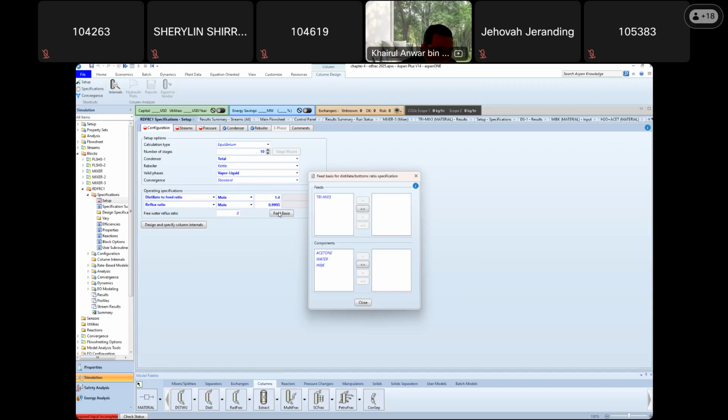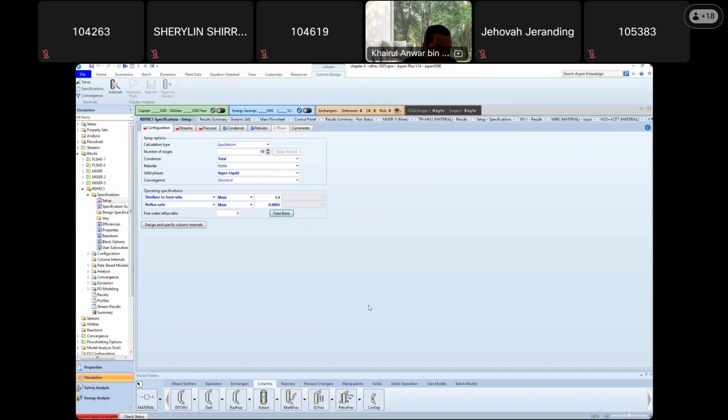Click the feed basis to determine which component in feed is the other component for the distillate to feed ratio. Yes, for the distillate to feed ratio, acetone. Our target is acetone, to improve recovery of acetone.